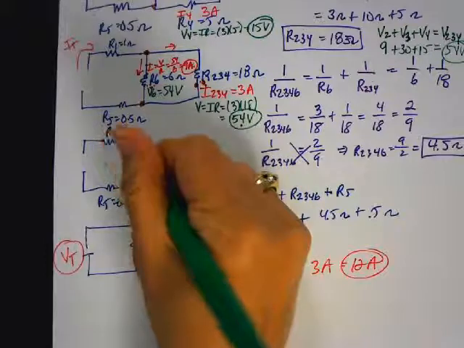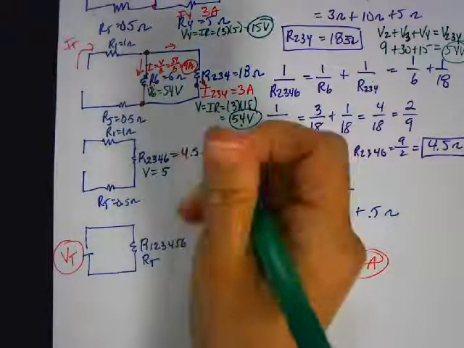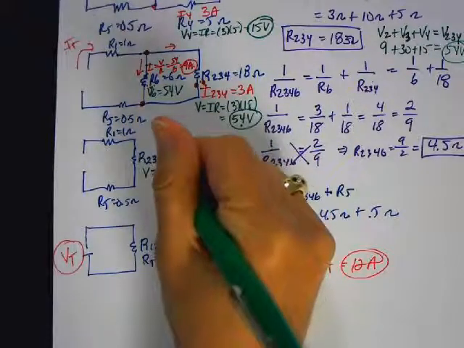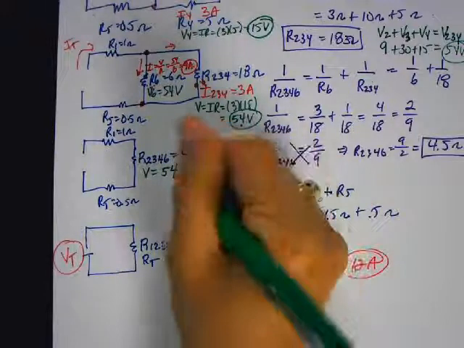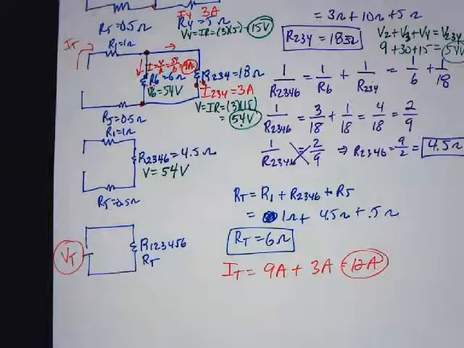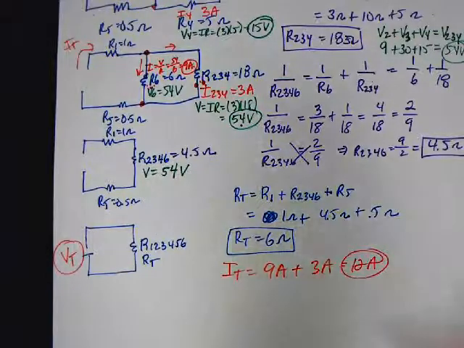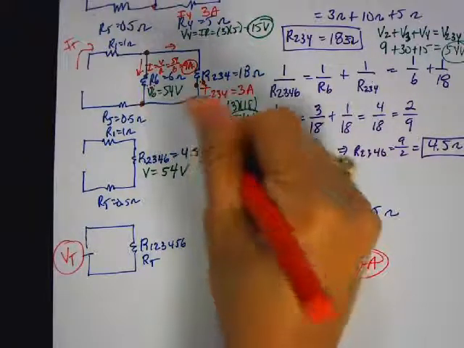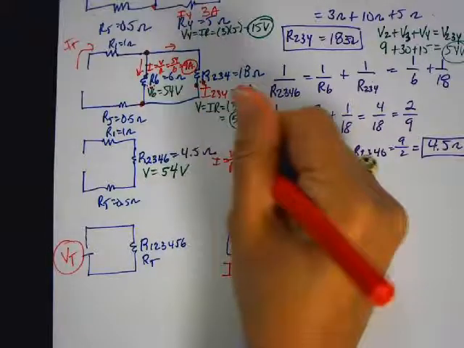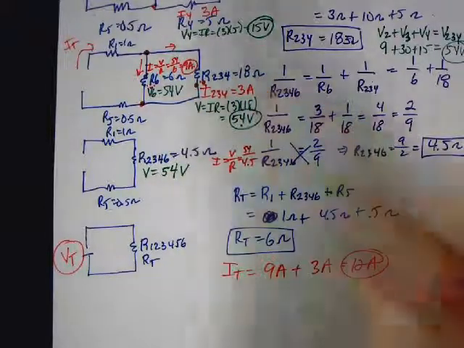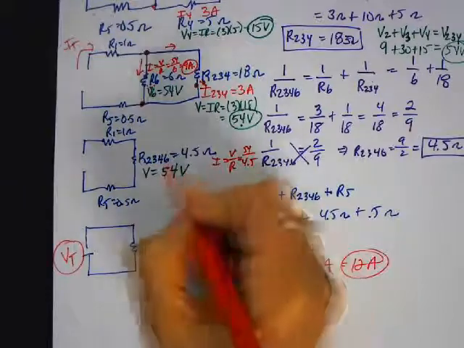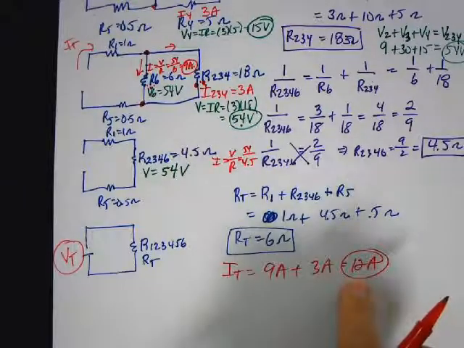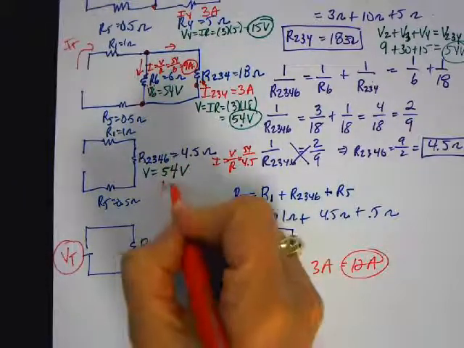So that means this voltage would be what? 54 volts. So what's 54 divided by 4.5? I could say I is equal to V over R, so 54 divided by 4.5 is 12. Is that what we got here? So the current here is equal to 12.